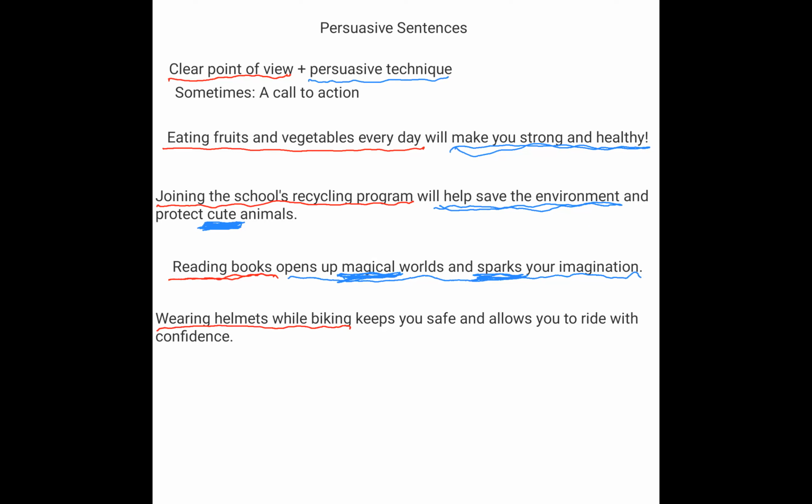Jack? They convince us by good reason. That's right. And what is the reason? Wearing helmets while biking keeps you safe, allows you to ride with confidence. Very good. So they are playing to human beings' need to be safe. So saying it's going to keep you safe, and everyone wants to be safe.